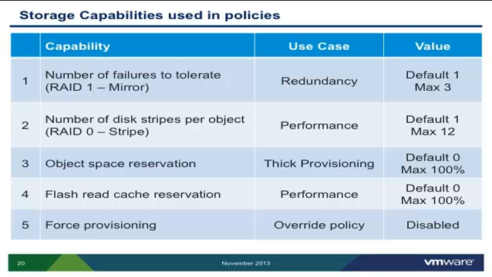But the kind of things that we have in right now, and remember, we're keeping things as simple as possible initially, is number of failures to tolerate. So how many disk failures, host failures, network failures, and so on do I want my virtual machine to tolerate? In other words, to keep running, have a full complement of that virtual machine's data remain in the cluster after so many different failures.